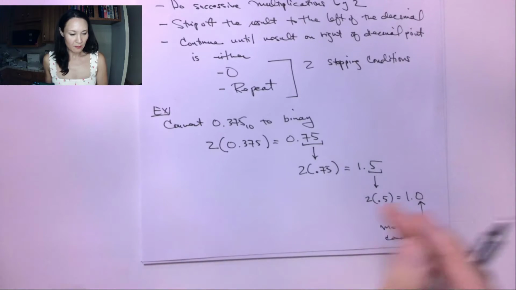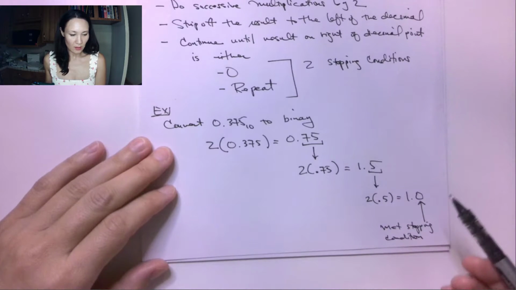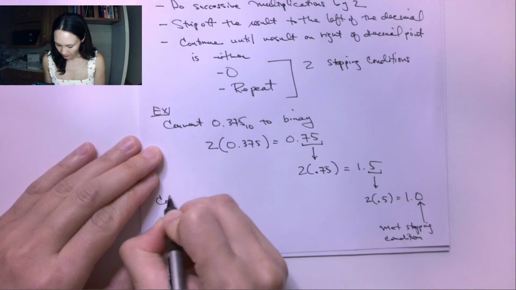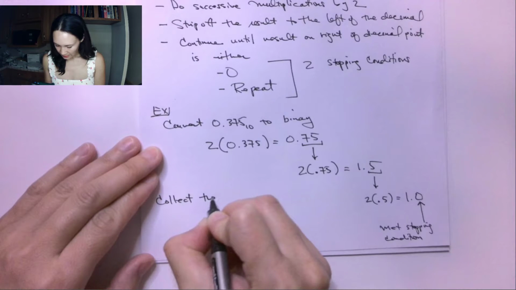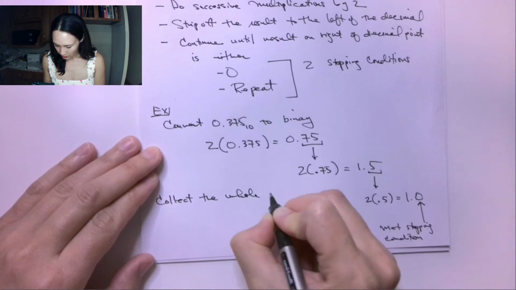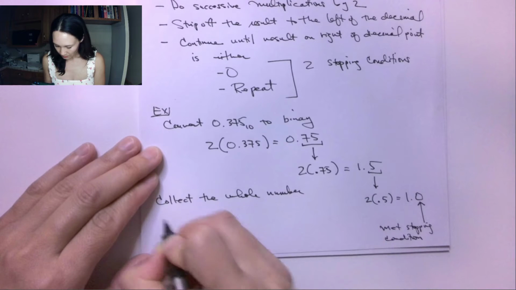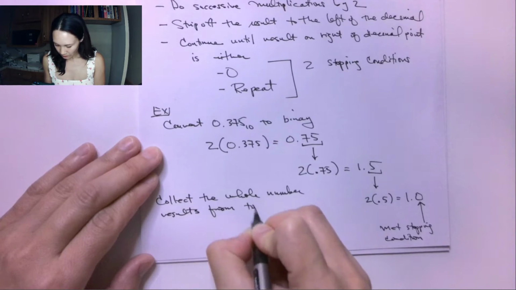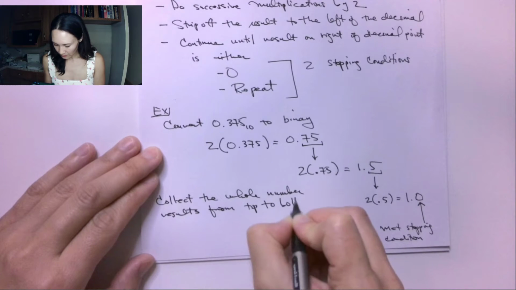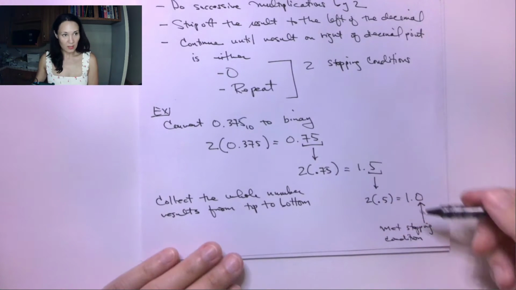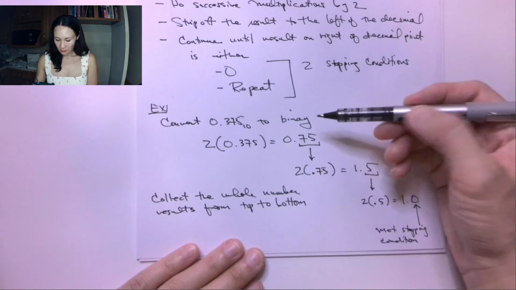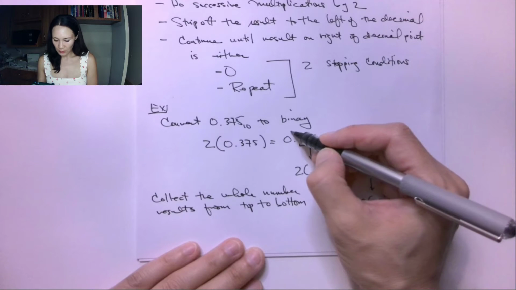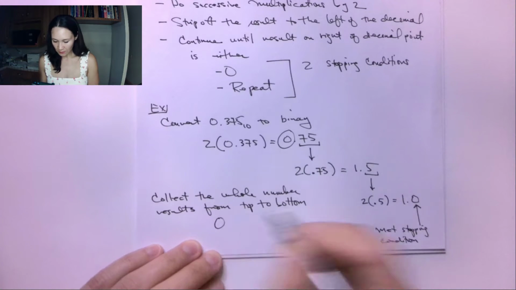At this point we're going to collect the whole number results from top to bottom. How I have written out my multiplication here, the first whole number result from my first multiplication by 2 is this 0, so I'm going to take that 0.